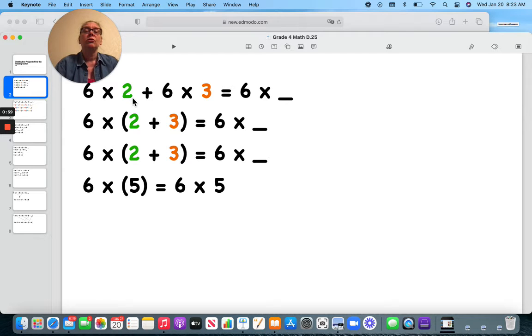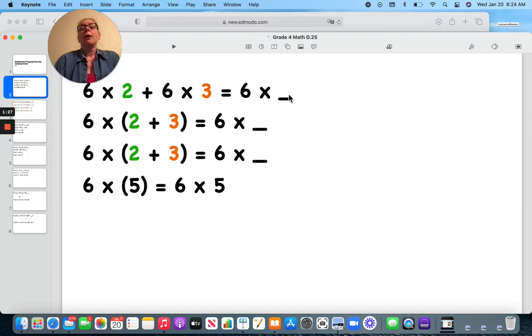So 6 times 2 plus 6 times 3 is the same as 6 times (2 plus 3). 2 plus 3 is 5. So 6 times 5 equals 6 times 5, and my answer here would be 5.